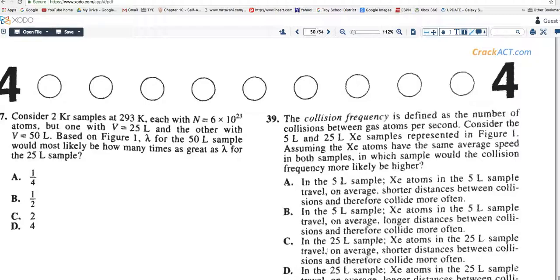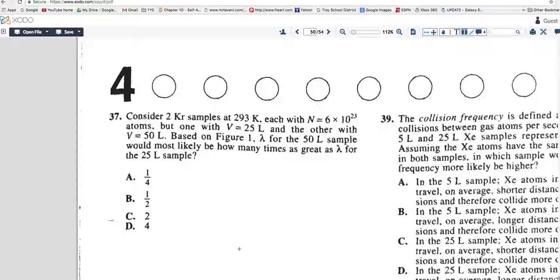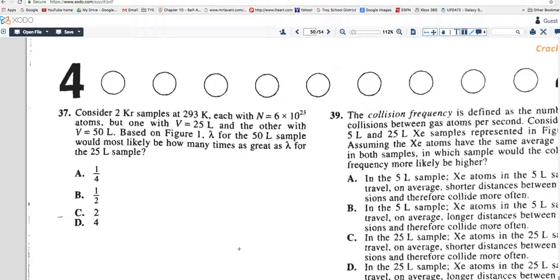Who wants 37? Well, how'd you get 2? Nope. Who else? Rohit. 37. I don't really know. Okay. Appreciate it.